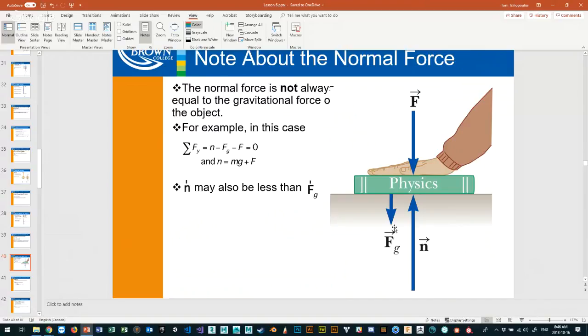However, it's on a table that's strong enough, so the normal force is strong enough to repel the force of gravity, approximately 10 meters per second squared, plus whatever force I'm putting onto it.